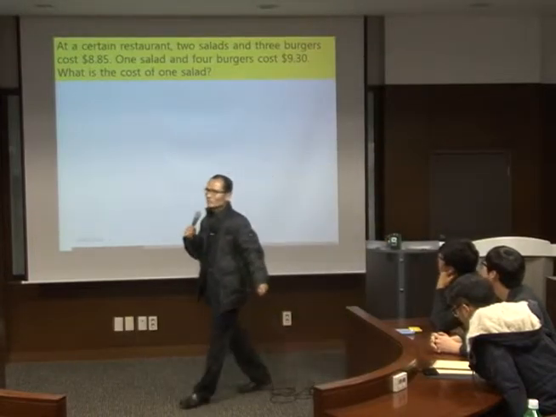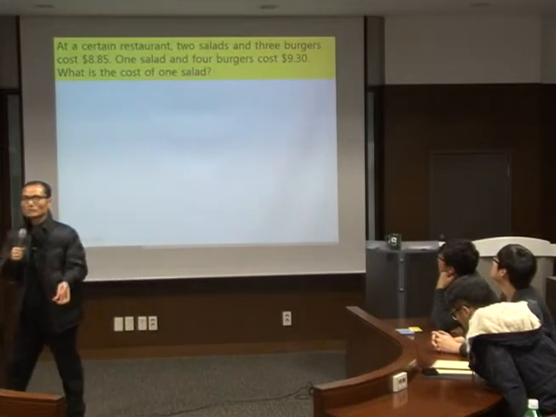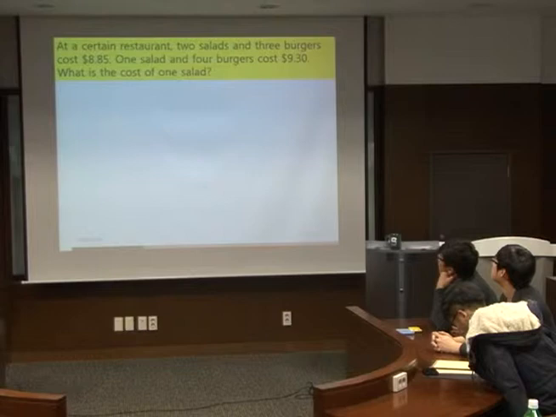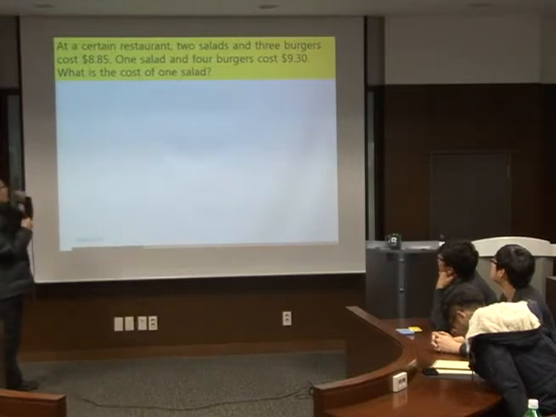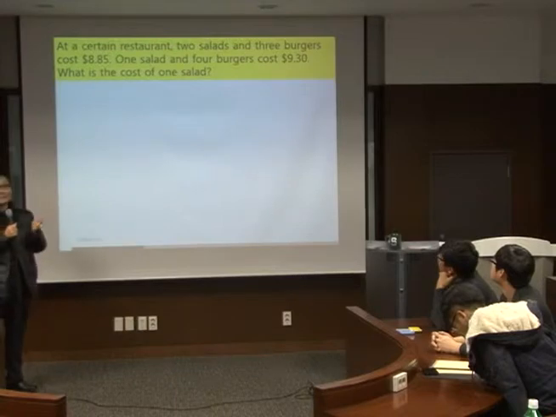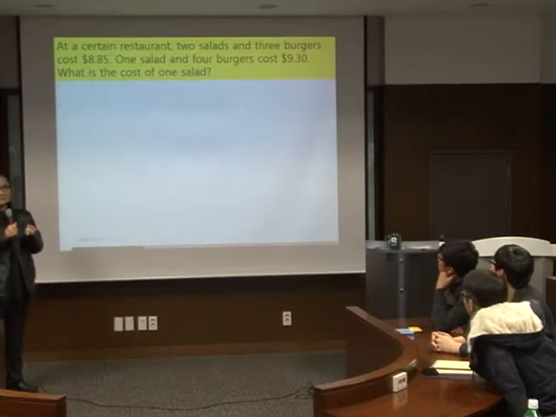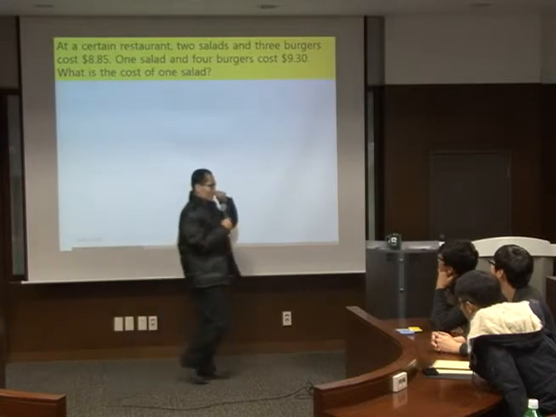Take a look at this problem and develop your own rubric based on my comments. In other words, at a certain restaurant, 2 salads and 3 burgers cost $8.85. But 1 salad and 4 burgers cost $9.30. Okay? Then what is the cost of the 1 salad?